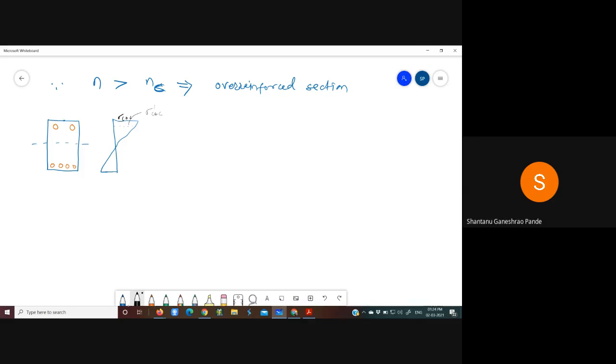First you will have to calculate sigma dash CBC, then only we will be able to calculate the moment of resistance. To calculate this, we will consider similar triangles.